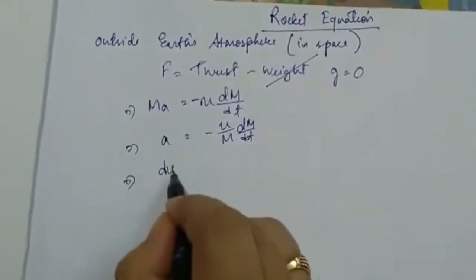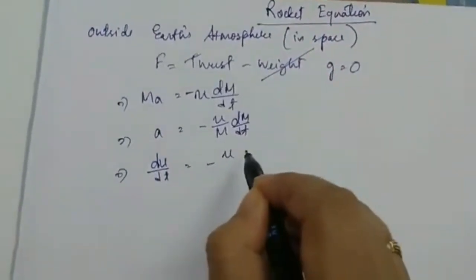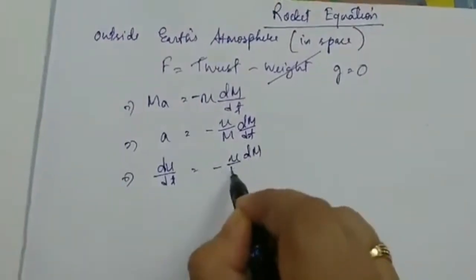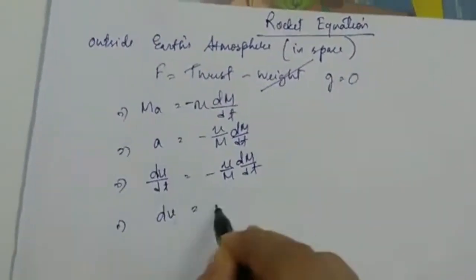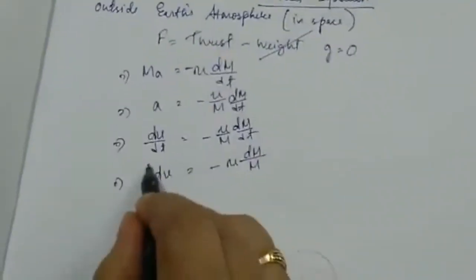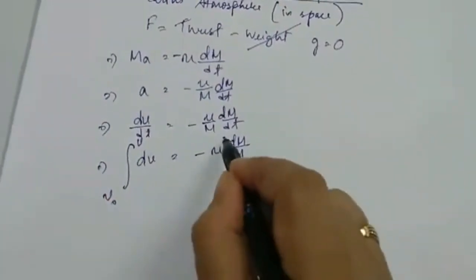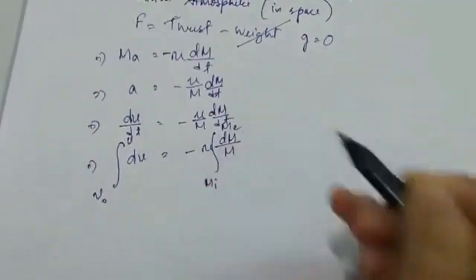So it is nothing but dv dt equals minus u by capital M dm dt. So dv will be equal to u dm by m. Okay, let us integrate in a similar way, and again it is going from m initial to m empty.